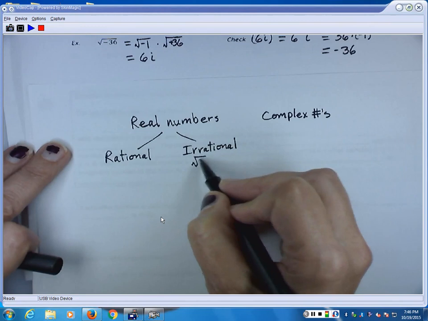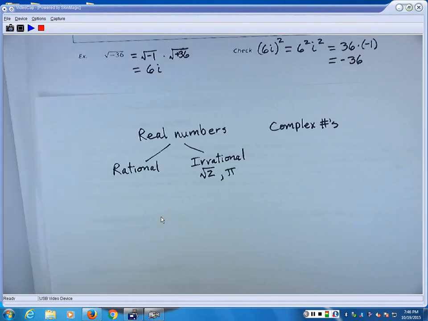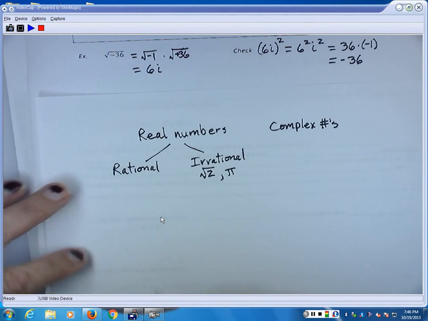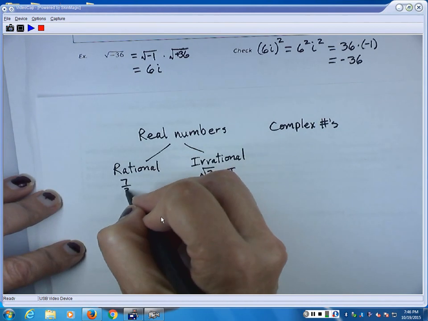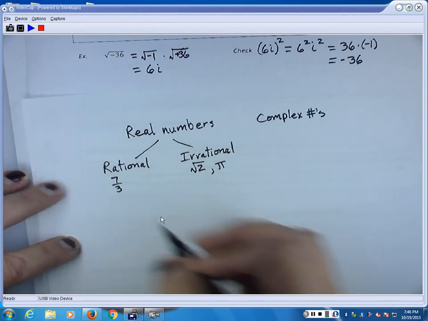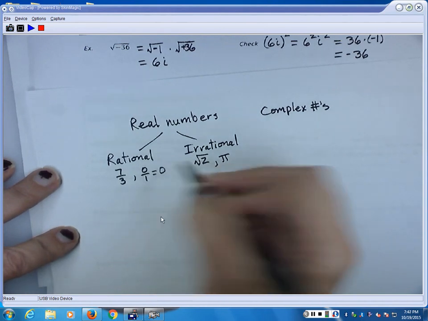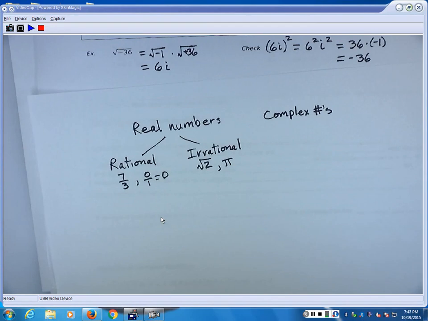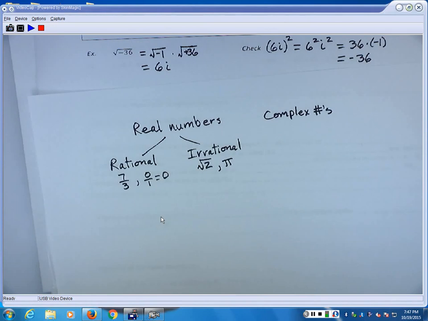These were like the square root of 2 and pi, things like that, because they weren't repeating decimals. Rational numbers are any numbers that can be written as a fraction. So 7/3 is a rational number, but also you can write 0/1, so 0 is a rational number. The rationals then divide up into whole numbers and integers, but that's the real numbers.